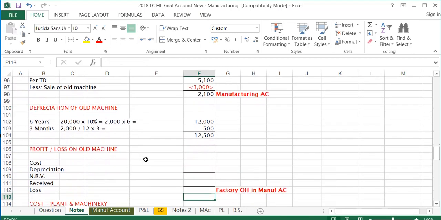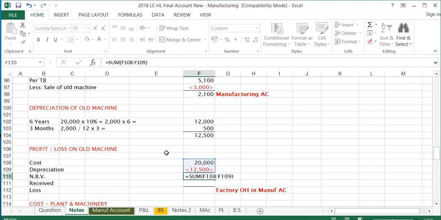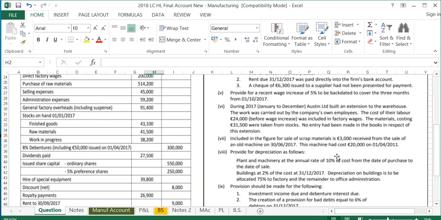I now have to see whether I made a profit or loss on the old machine. So the cost of the old machine here, I can see was 20,000. The depreciation I'm after working out here to be 12,500. Gives me a net book value for the old machine of 7,500. It says that I received 3,000.